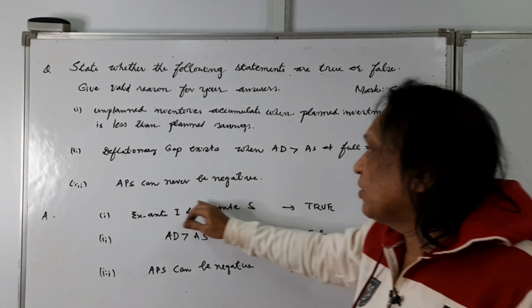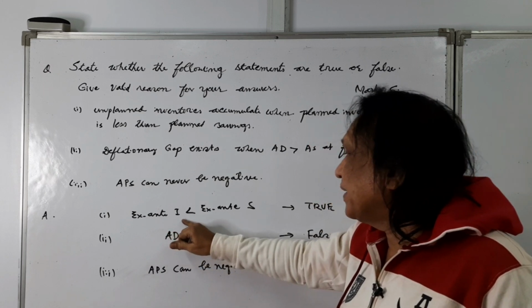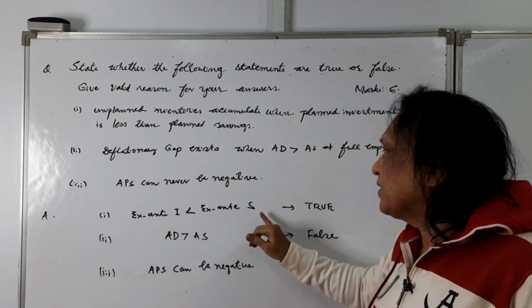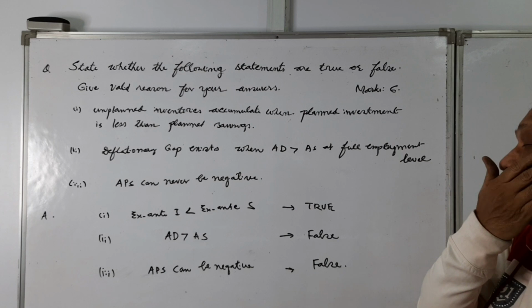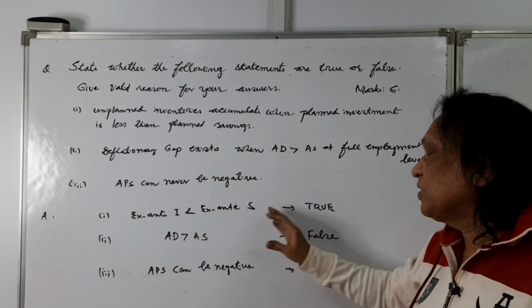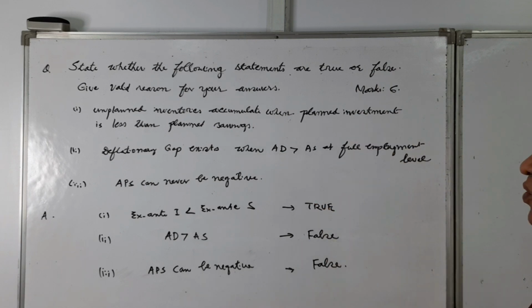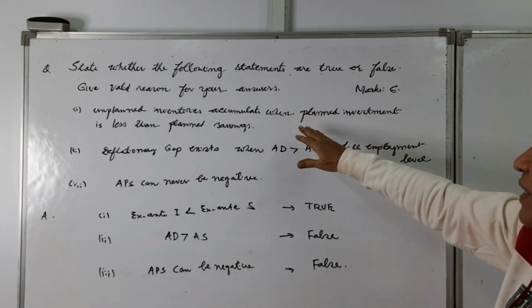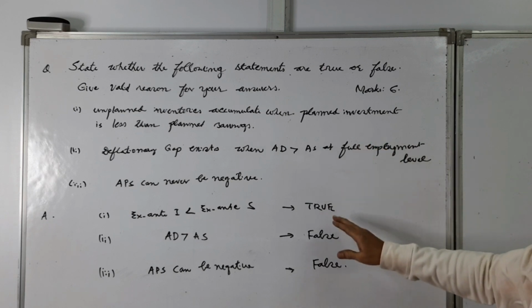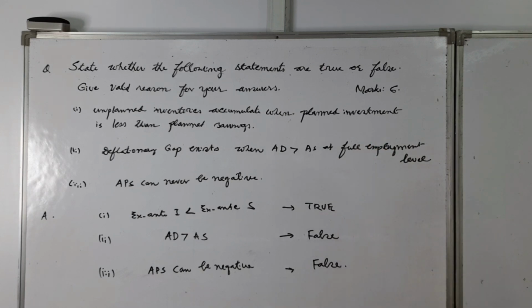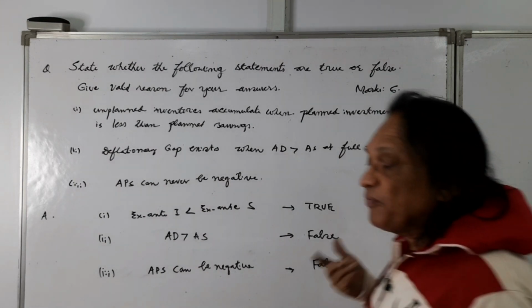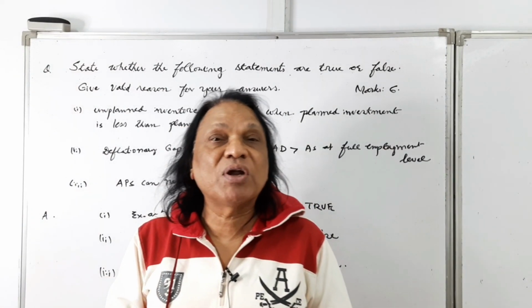The answer is given here: ex ante investment is less than ex ante savings. That means savings in the economy are more than what is being invested, so people are saving more. So what happens? Unplanned inventories accumulate. So this is a true statement. Why do we justify it with our earlier knowledge of the economy?